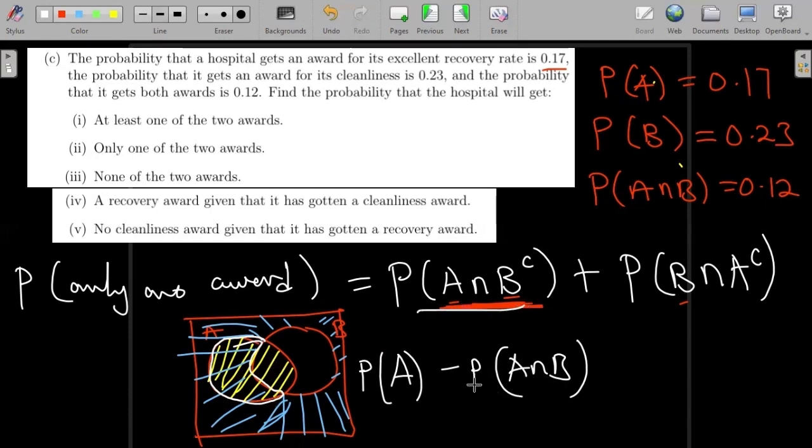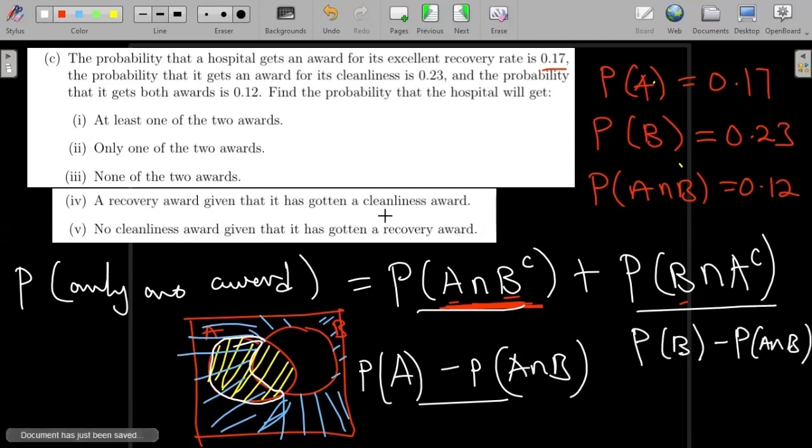We're going to replace this with this, and the same thing happens if you try to shade this. We're just going to get the probability of B minus the probability of A intersection B. So that's how we're going to simplify these two expressions.